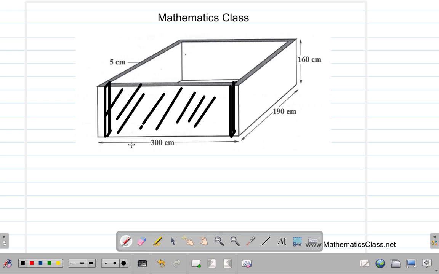So this will be the front, the inside surface of the front. We call this the front. Would that be 160 centimeter high times 300 minus 5 on the left minus 5 on the right. That's 290. Alright? Plus, the same thing would happen at the back.